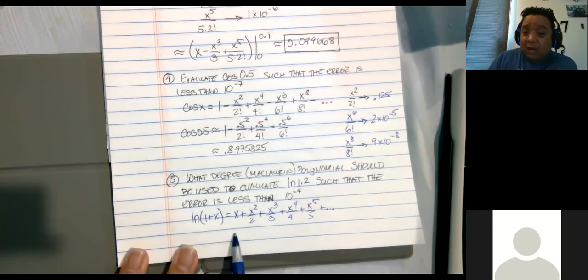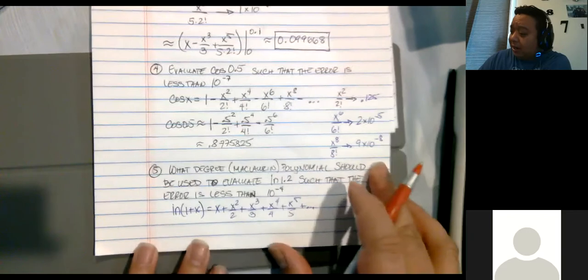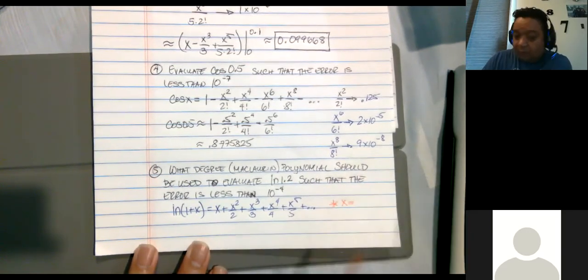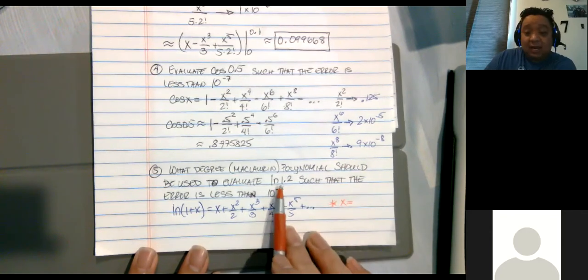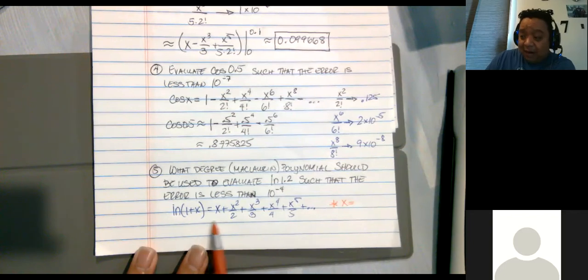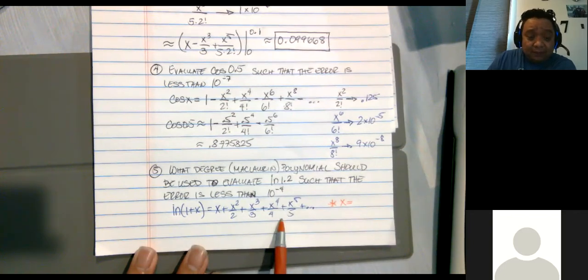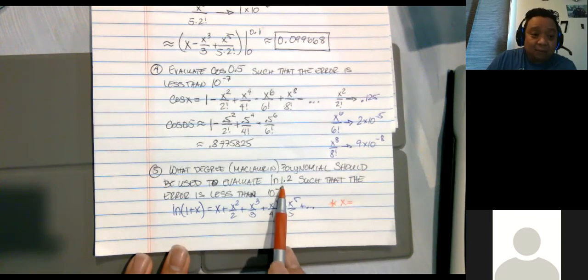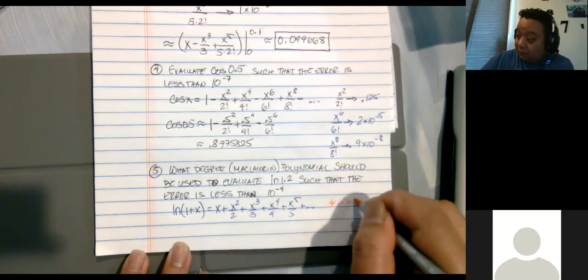By the way, on this problem, what is x? What number are you going to plug in? I want to find ln of 1.2, and this is the power series we're using. So what should x be if I'm trying to find ln of 1.2? It's 0.2.